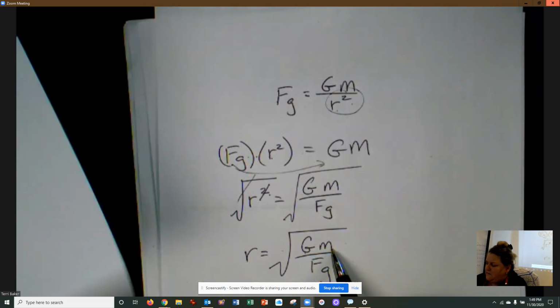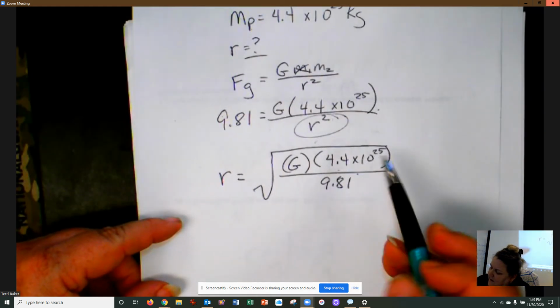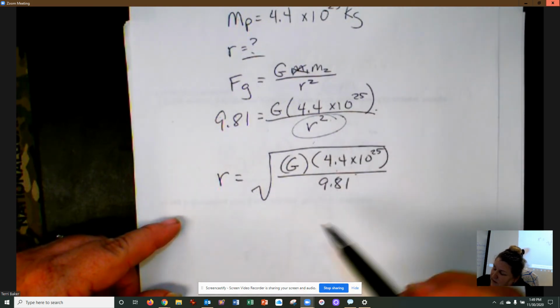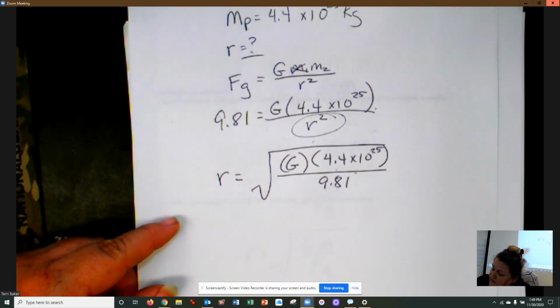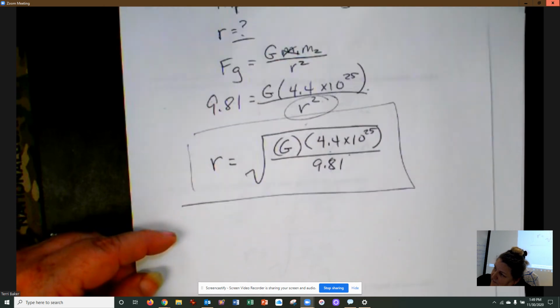Your mass was the mass of the newly discovered planet, and your Fg was 9.81. Make sense? So I'm only using, like I said a while ago, that part of the equation. But that will be the answer to number 8.